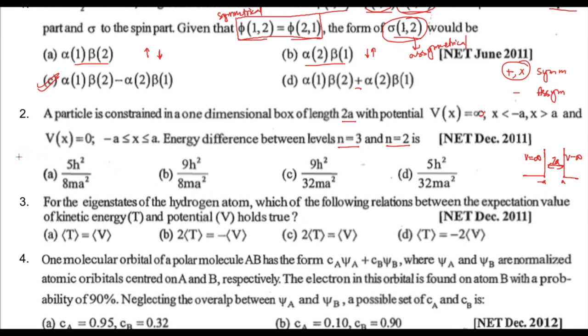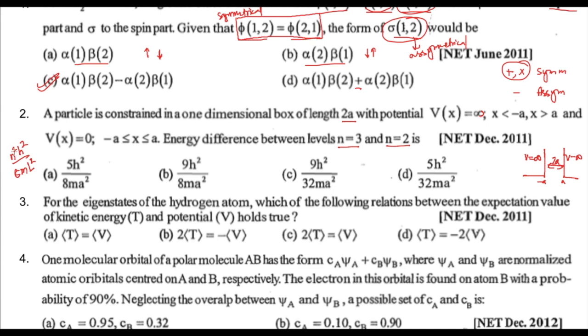It has been asked from this formula, which is the energy of a particle in a one dimensional box. It is given by n square h square upon 8 m L square, where L is the length and n is the energy level in which the electron is. You just have to put the value and then solve. First, put the value of L as 2a, because the length is given as 2a, and then put n as 3.